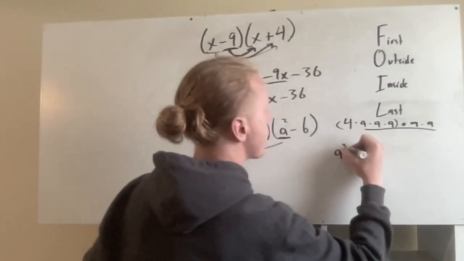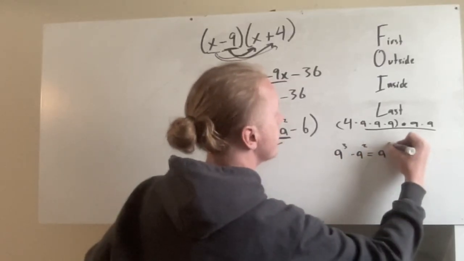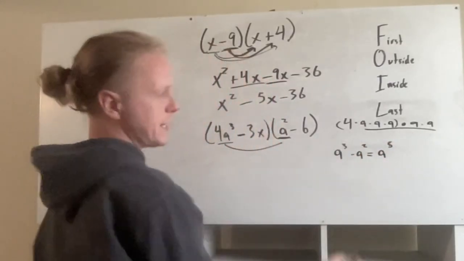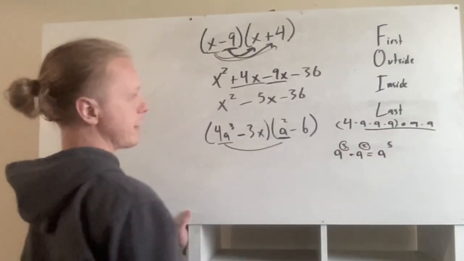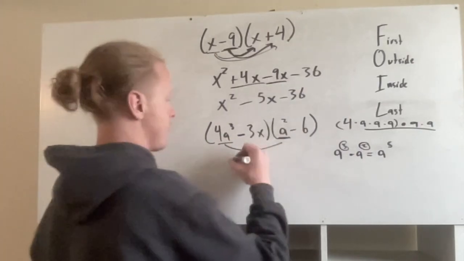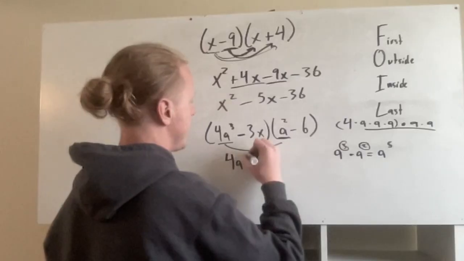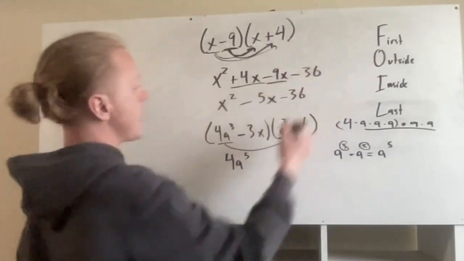So a to the third times a to the second is a to the fifth. If we need to, we add our exponents together here. So this is 4a to the fifth. Okay, that was first. Let's do outside.